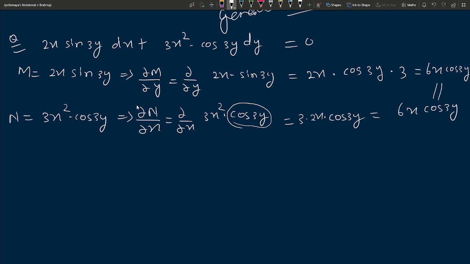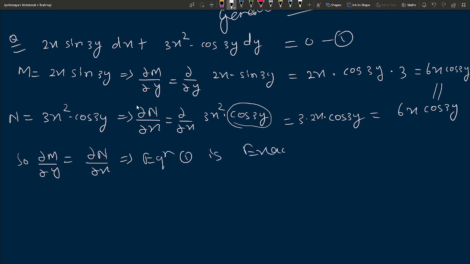Now see, both of these are equal, 6x into cos 3y, so del m by del y equals del n by del x, which implies equation 1 is exact.